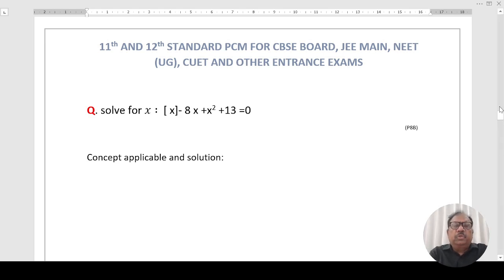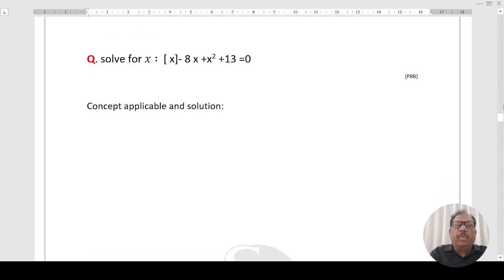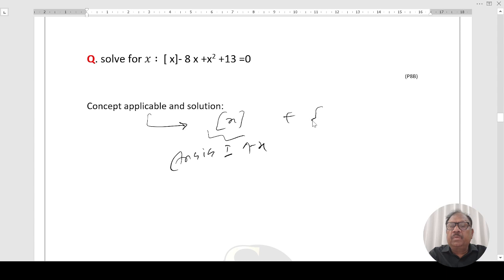The question is: solve for x, the greatest integer function of x minus 8x plus x square plus 13 equal to 0. The concept applicable: the greatest integer function gives the integral part of x, plus the fractional part function.